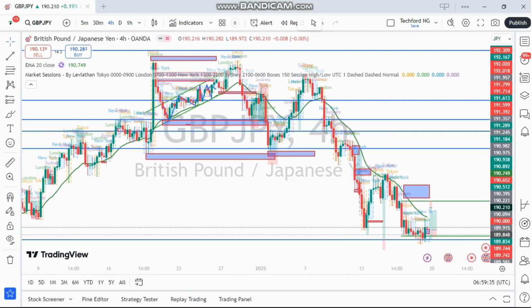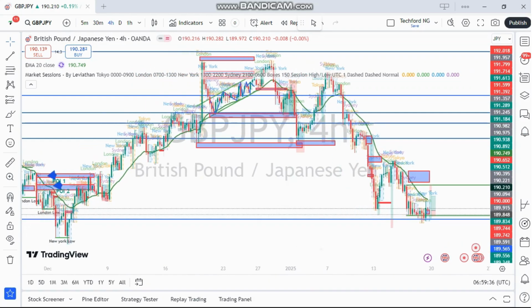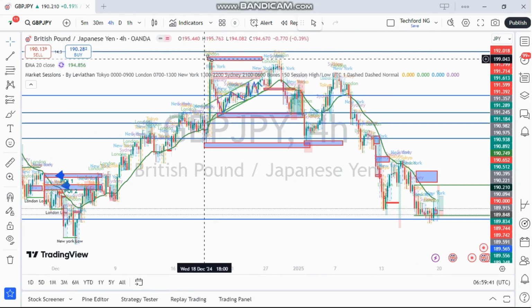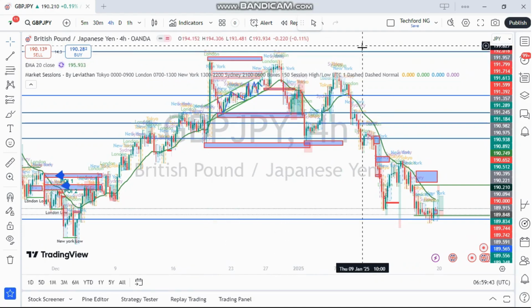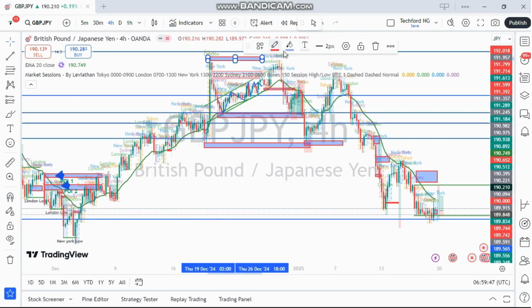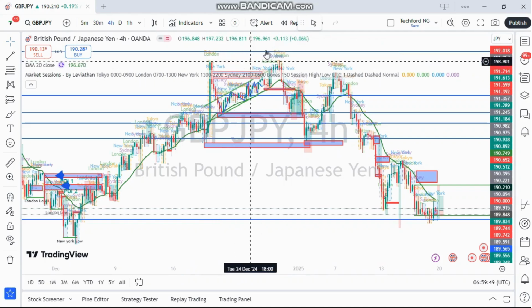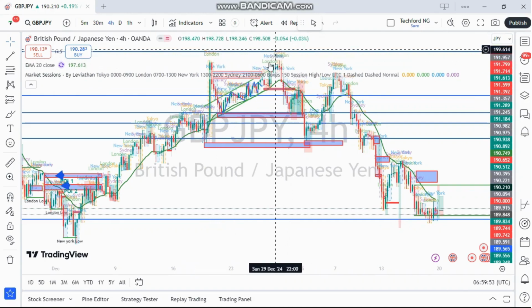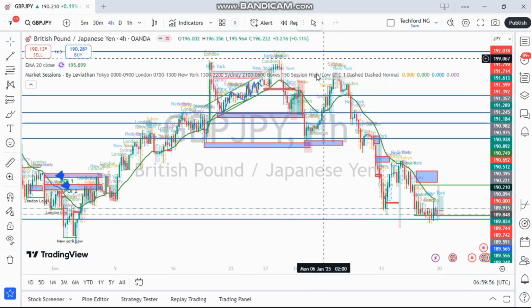So look at this 4 hour time frame. You can see that there are swing highs here. Look at this point here. Let me delete this box. Look at 1, 2 and 3.